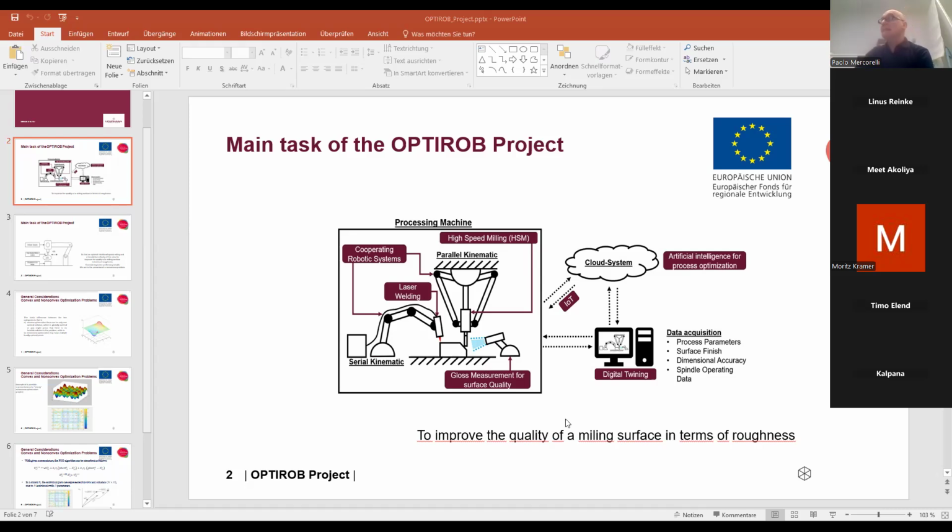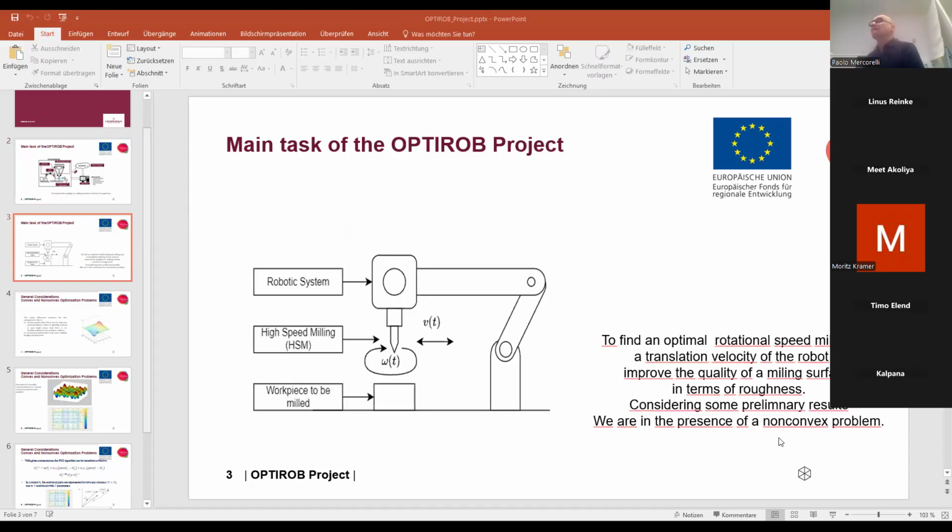It's a milling process to improve the quality of a milling surface in terms of roughness. This is the problem. Again, we can consider two possible variables to be optimized: omega, the angular velocity of this end effector, and v of t, the translation velocity.